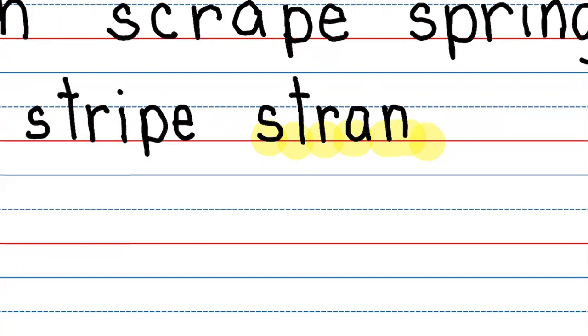Now, our choice for a J at the end. We are not allowed to end a word with a J. It is illegal. No English words end with a J. So what do we have instead?